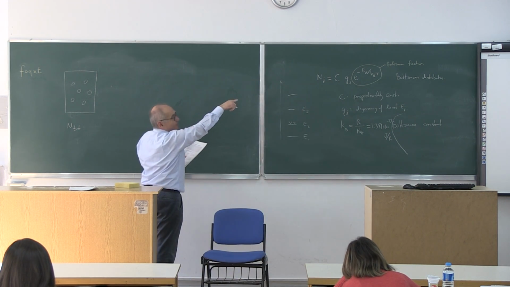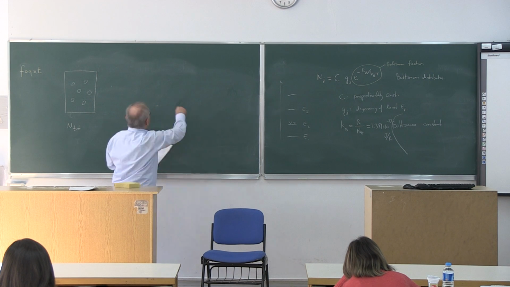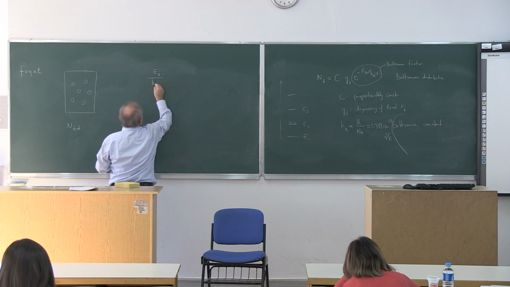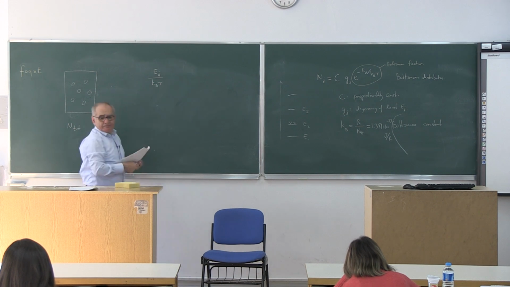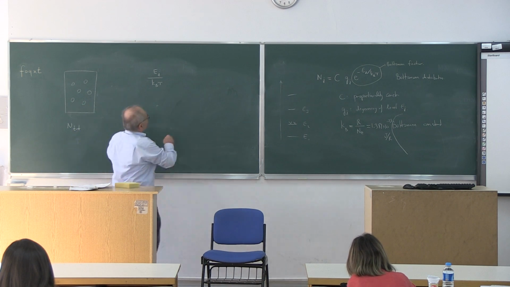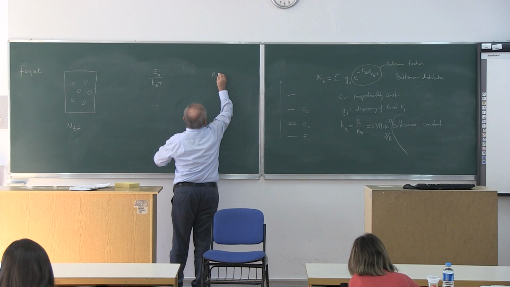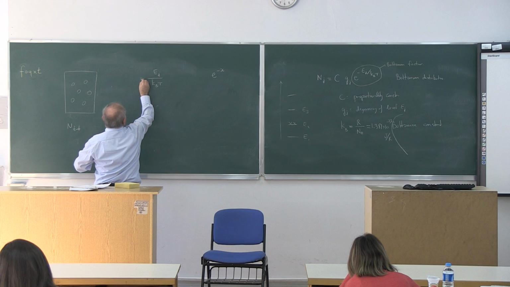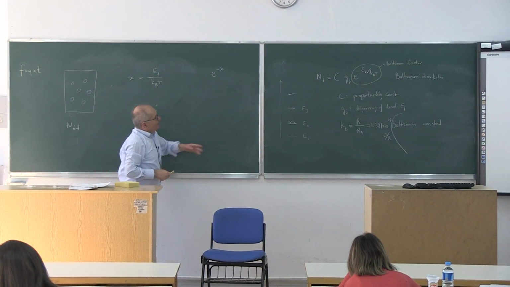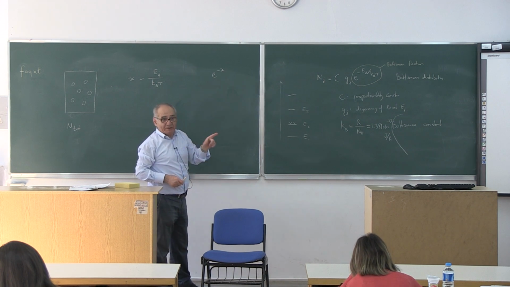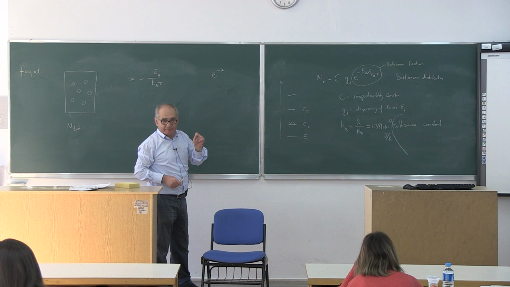Now, the exponent in the exponential is this ratio. Let us first analyze the units. The expression is e to the minus x. So this is x here. x should have no unit, no dimensions.